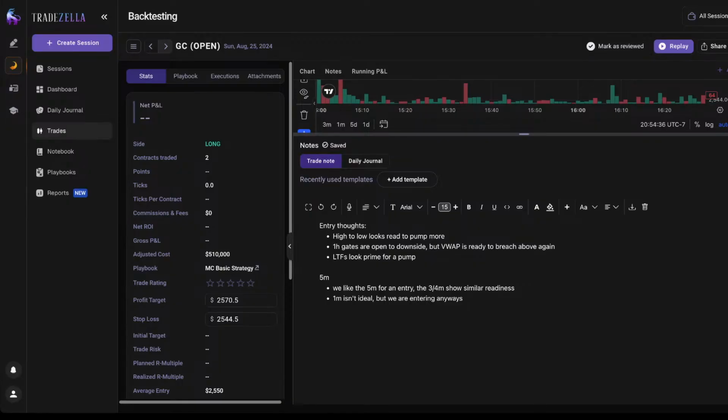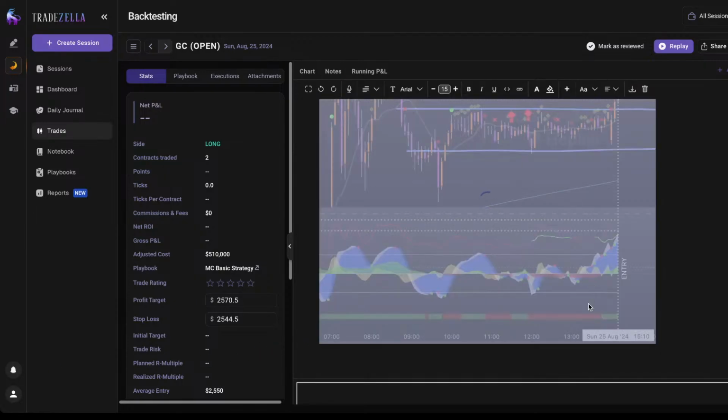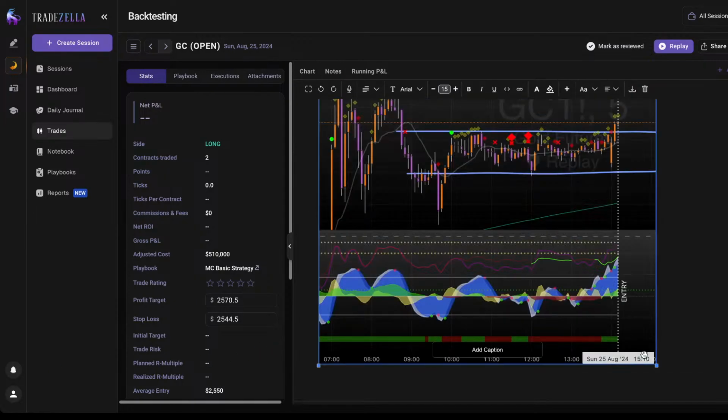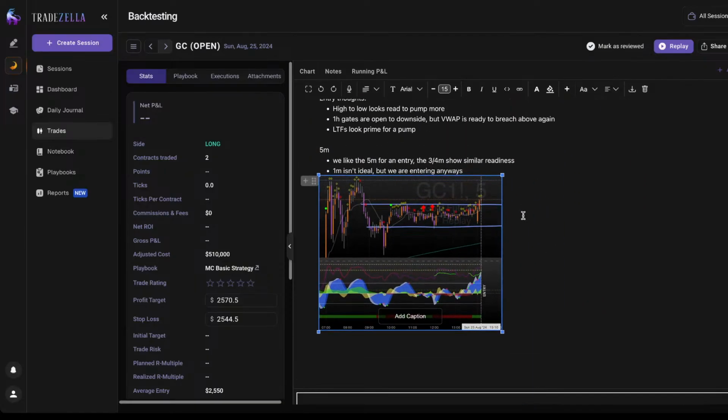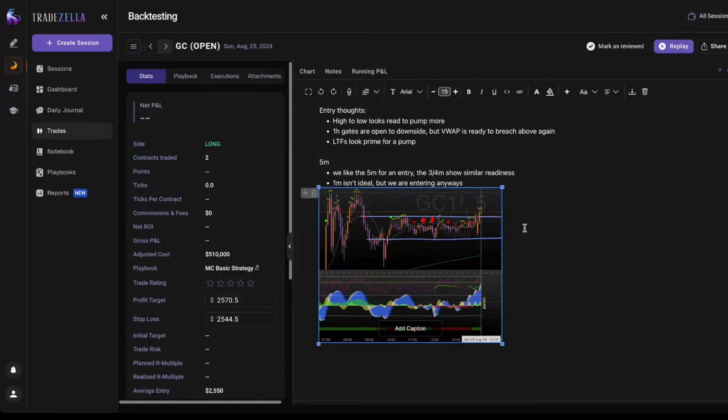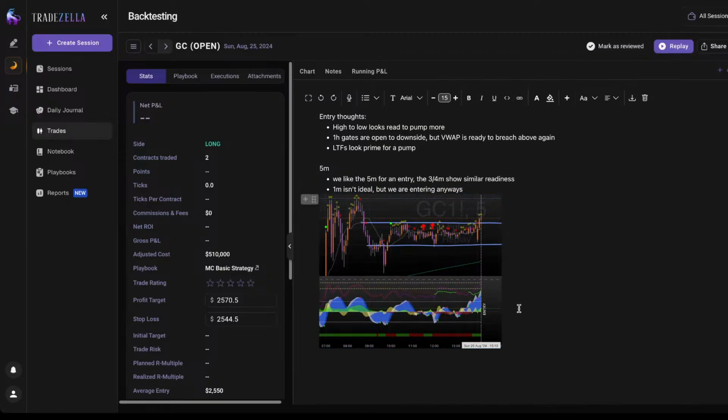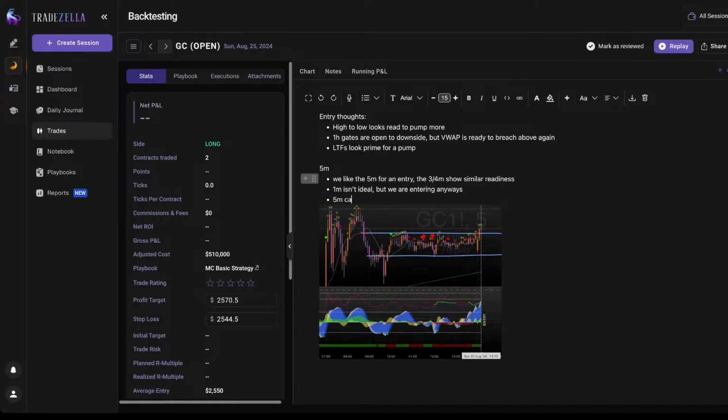Okay. There we go. Oh yeah, we also had a 5-minute candle close above some local resistance.